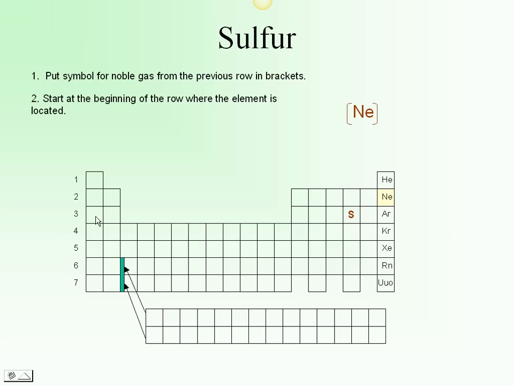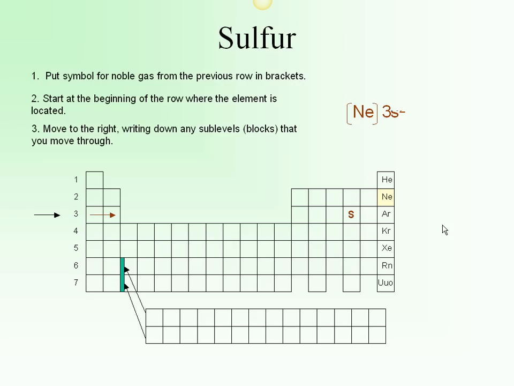So we're in the 3s block. Move to the right, writing down any sublevel and or blocks that you move through. That's the 3s, and then the 3p, and then we count up 1, 2, 3, 4, so that's the 3p4, all the way up to sulfur.